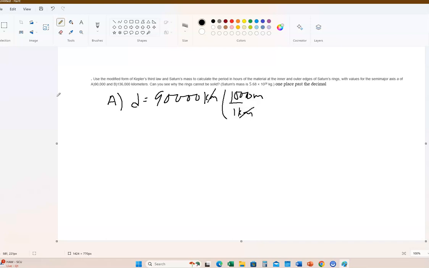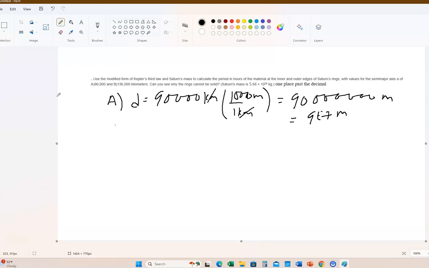So the kilometers cancel. And so when you multiply 1,000 times 90,000, you get, of course, 90 million, and that's, of course, in meters. And now you could rewrite that as 9 times 10 to the 7th meters, right?